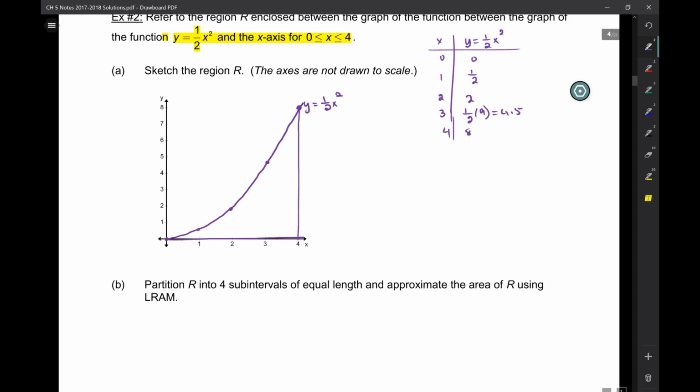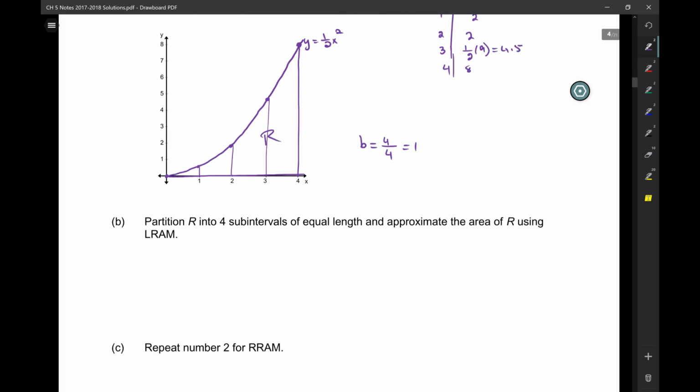Now, we're going to partition R into 4 subintervals of equal length. So the base is going to go from 0 to 4. That's 4 units divided by 4, 1. So basically they're going to look like this.